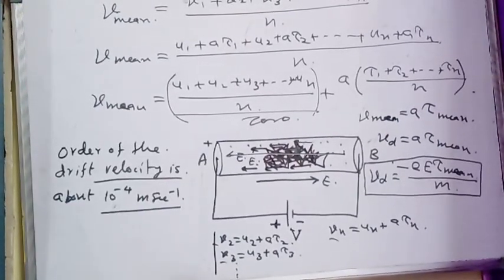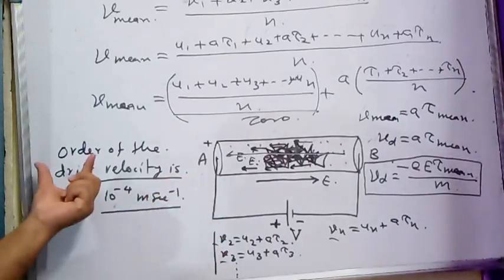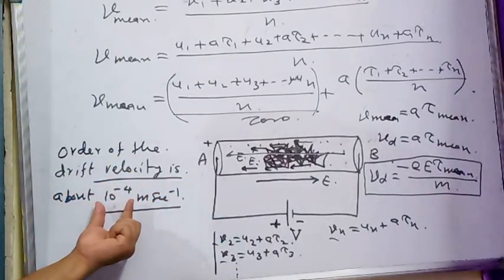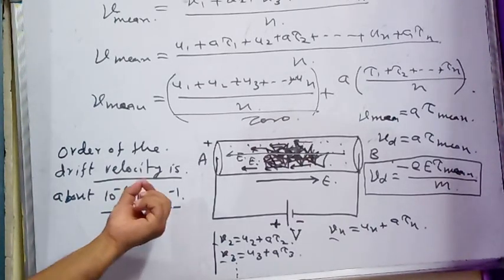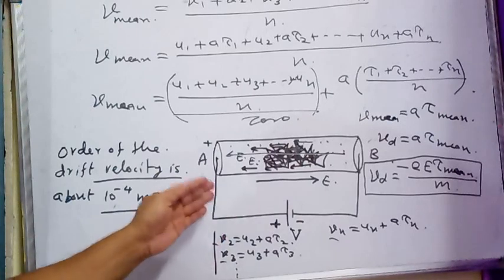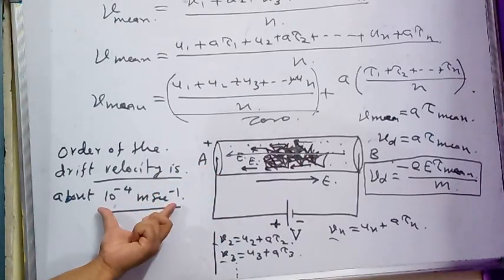Now the question arises, what can be the order of the drift velocity of free electrons in a conductor? The order of the drift velocity is about 10 to the power minus 4 meter per second. This means that in a conductor, after application of the external electric field, electrons drift with this mean velocity.